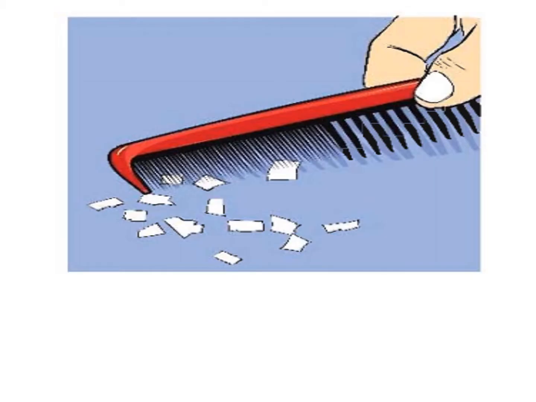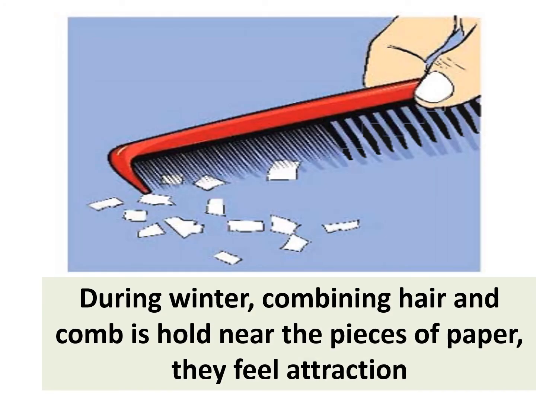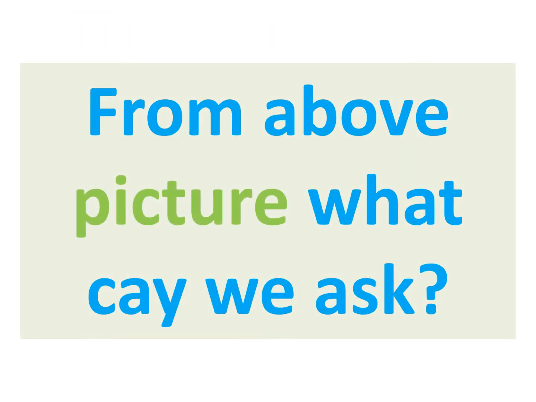Now, my dear students, look at this picture. You can see that during winter, when combing, if the comb is held near a piece of paper, they feel attraction. From the above picture, what can we ask?